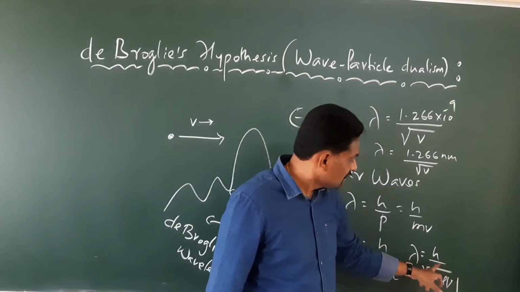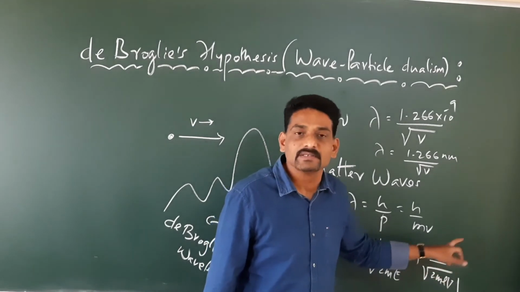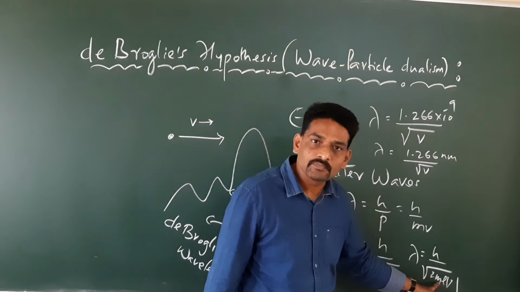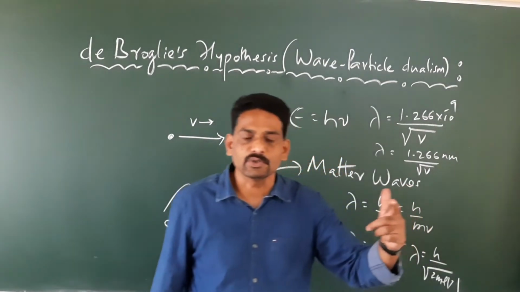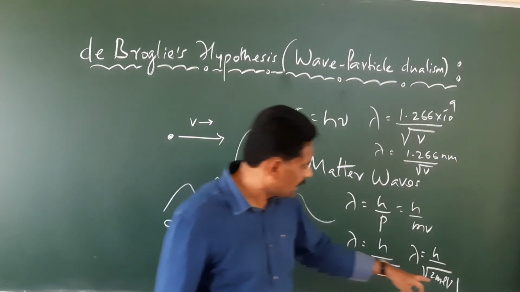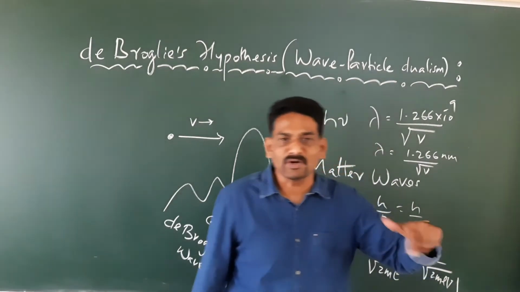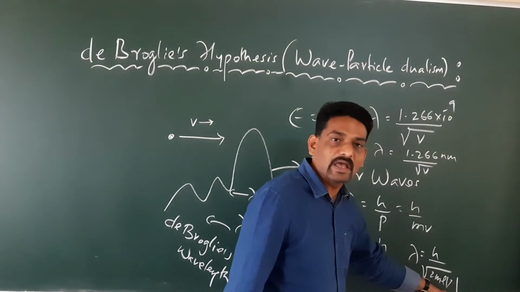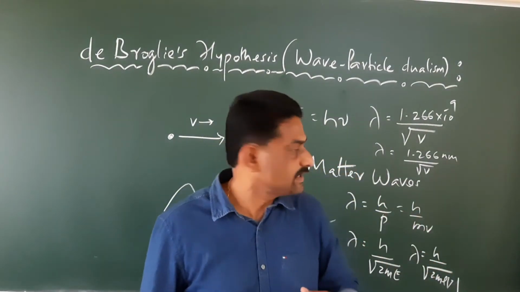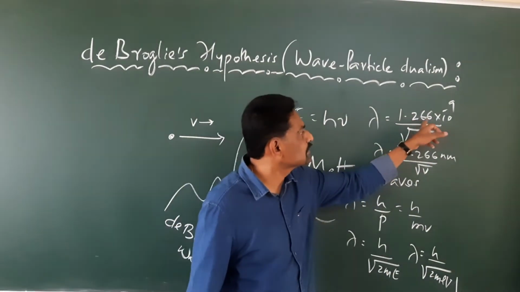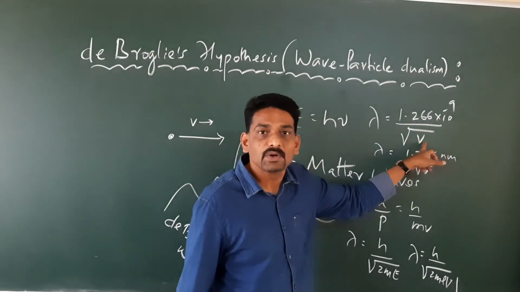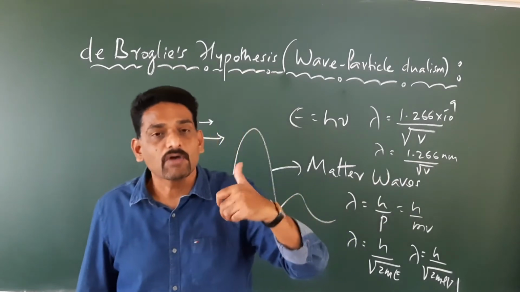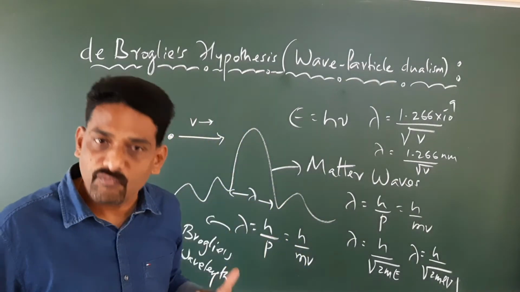By substituting the value of h, Planck's constant, 6.63 into 10 raised to minus 34, m, mass of the electron, that is 9.1 into 10 raised to minus 31 kg, e, charge of the electron, 1.6 into 10 raised to minus 19 coulomb. By substituting all these values and simplifying, we get the answer as 1.266 divided by root V. So this is again one more form of the de Broglie wavelength.